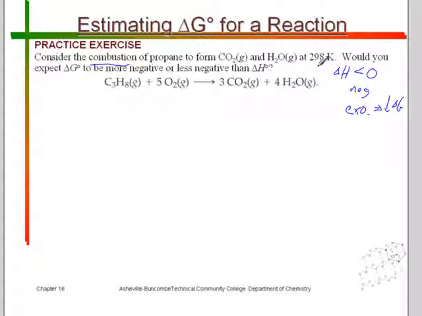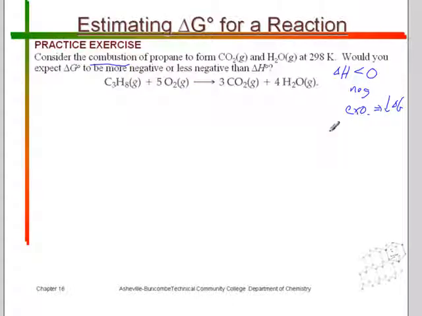It's sort of strangely worded to some degree. Would you expect delta G to be more negative or less negative than delta H? Okay, so we already know delta H is negative. How much more negative, or is it more negative? Is delta G more negative or less negative than this value that we already sort of intuitively know?